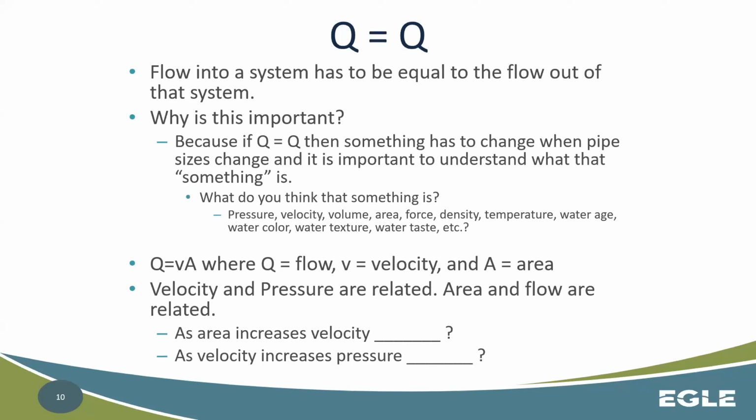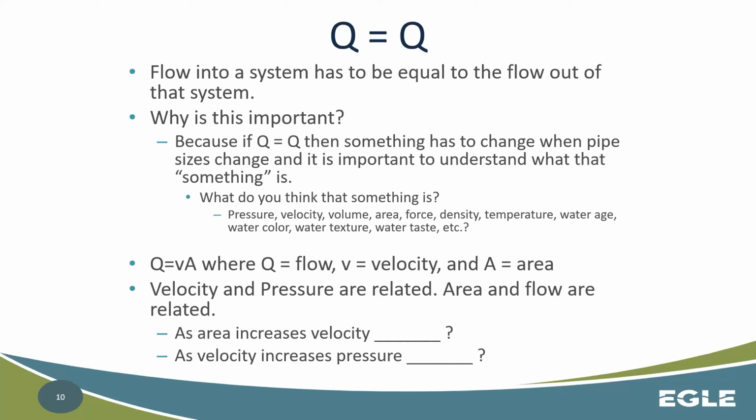Since water can be considered incompressible, you can't put more in than what is coming out. You can't compress that to more coming in than is coming out. So basically what you put in has to come out in some way.